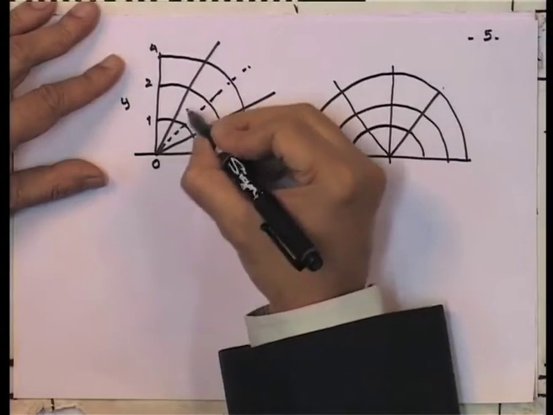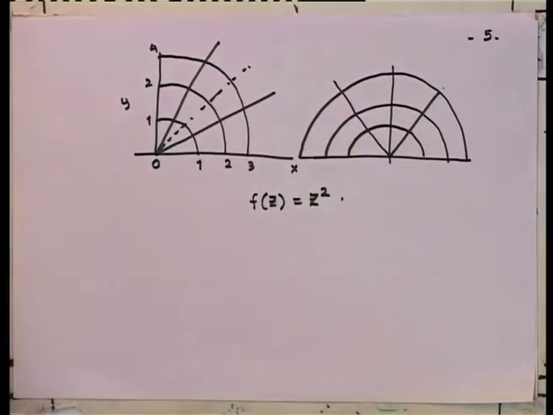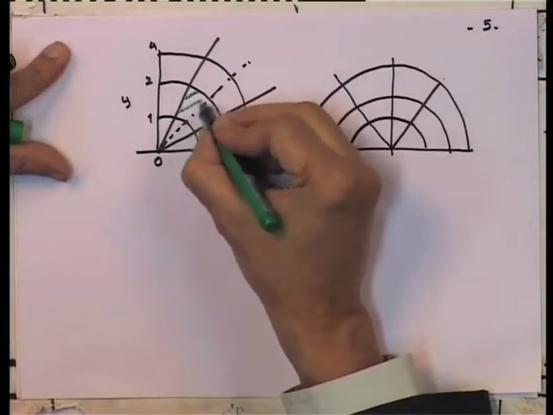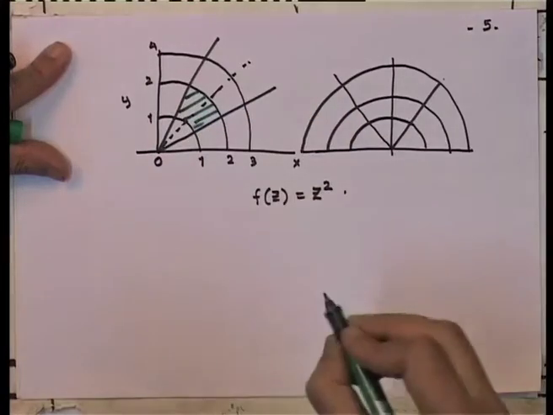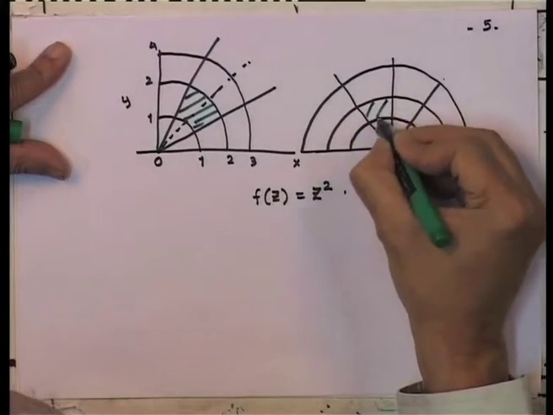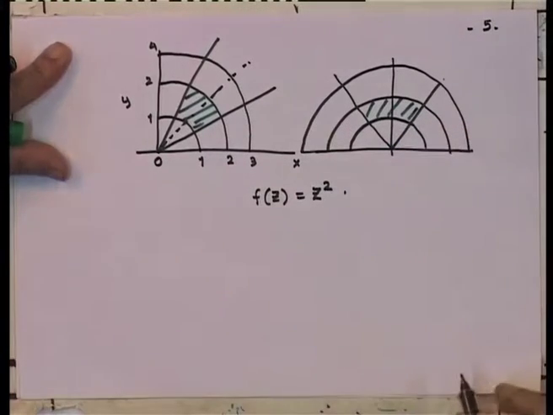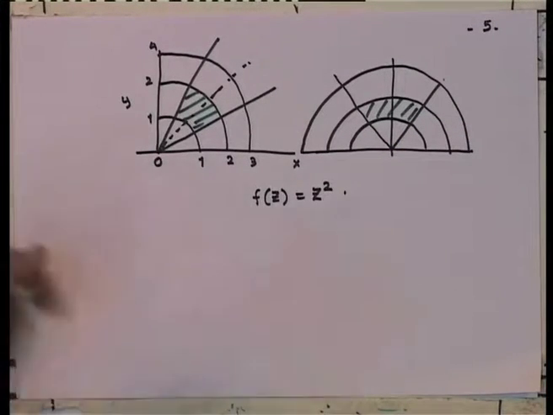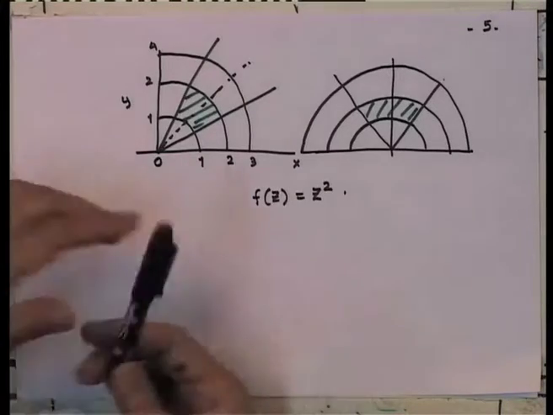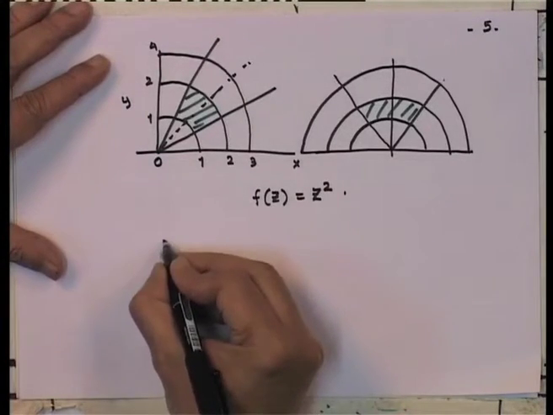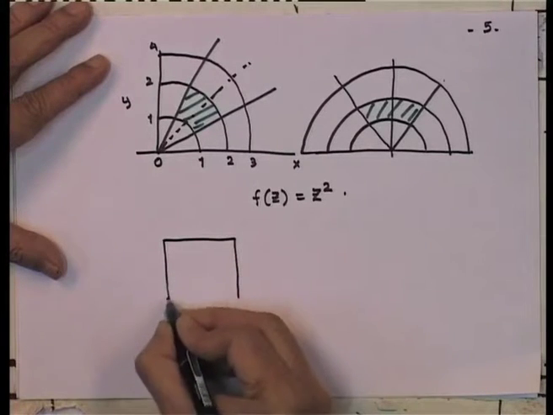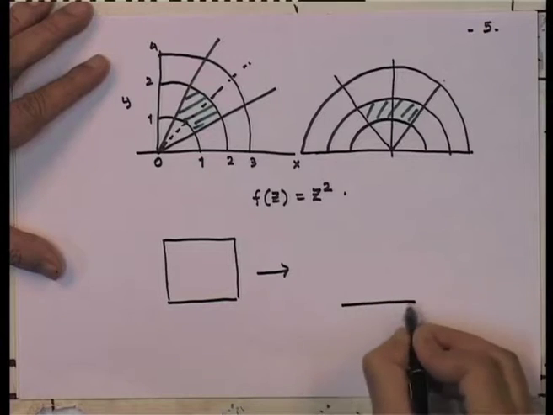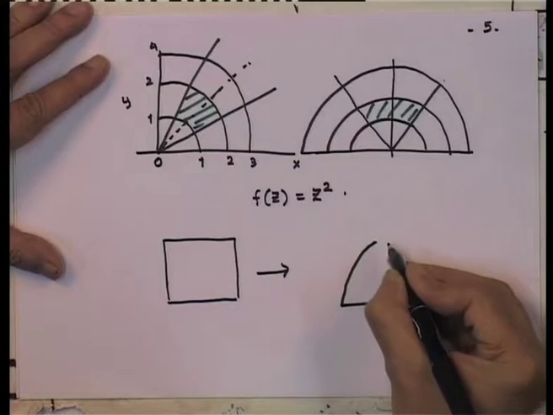Now, supposing you concentrate on a region in this picture. This gets mapped onto a region like this. So, for example, if you had a square in the original one, it is fairly easy to see that it becomes something like a distorted triangle.